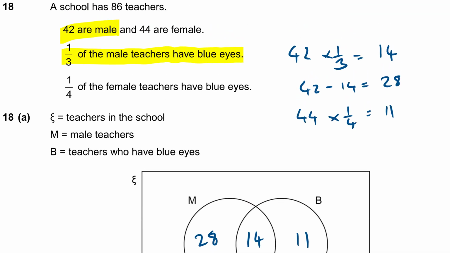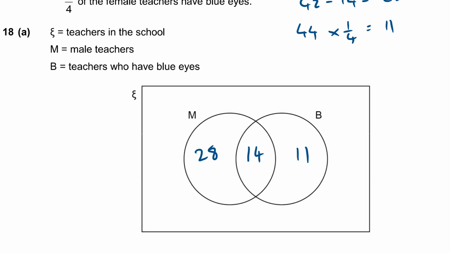We've got 86 teachers altogether. So 86 minus my 3 other parts, 28 and 14 and 11. So that's 42 plus 11, 53. 86 subtract 53 is 33 female teachers with not blue eyes. That's what's going to go there.